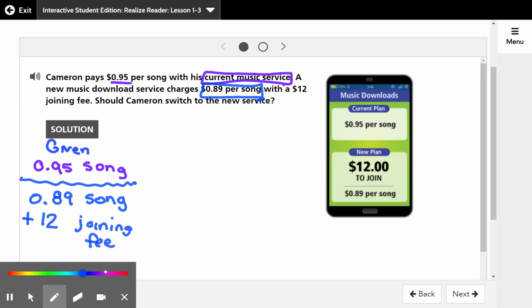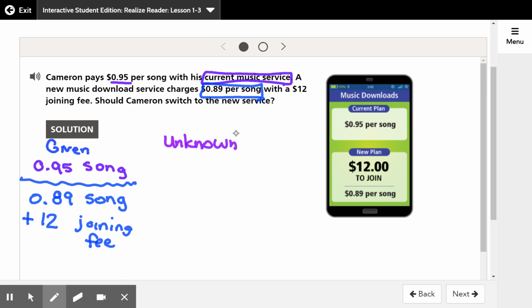Now our unknown, of course our unknown is always important to come up with because that tells us what we're looking for. So we are trying to figure out, should he switch to the new service? So we need to figure out how many songs can he buy to make it even.